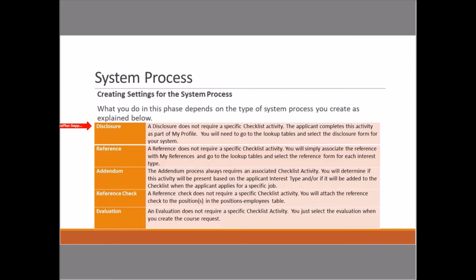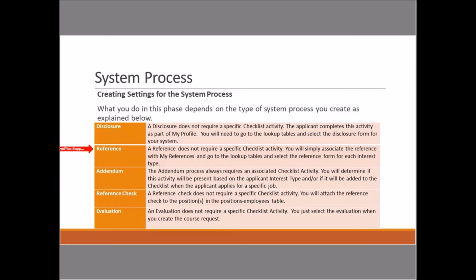A disclosure doesn't require a checklist activity because this is completed in their profile, but you do have to go into the lookup tables and set the default to point to your new disclosure form. I'll go into detail in just a minute on what that means.